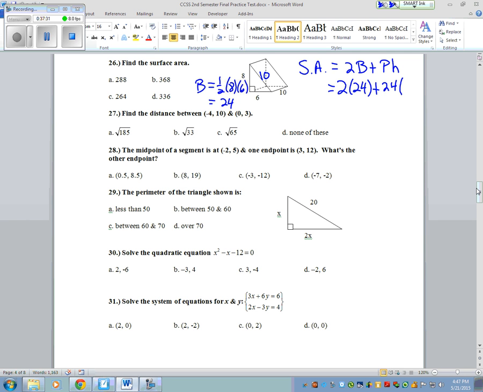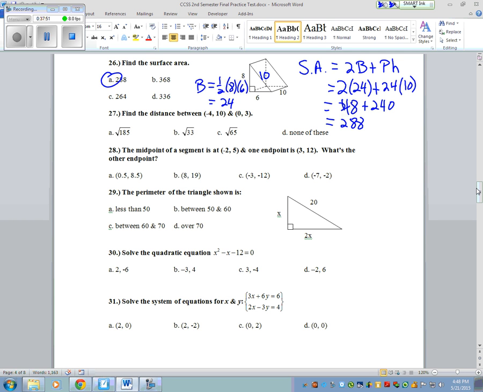It's actually the depth of it. The perimeter is the 6, 8, and the 10. The height is the 10, which is actually the depth. So 240 plus 48, which is 288. I did that in my head.